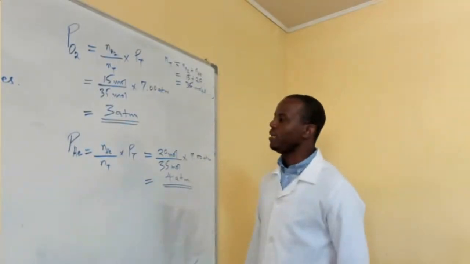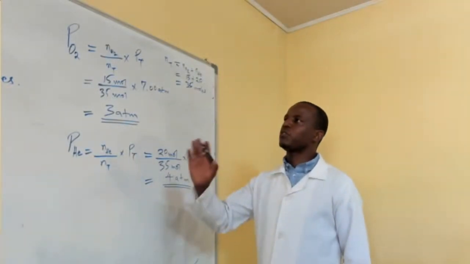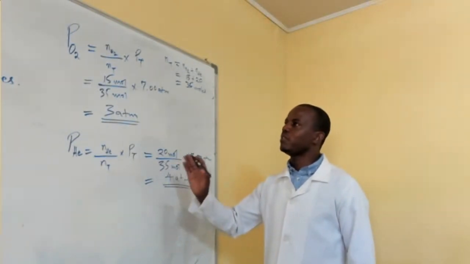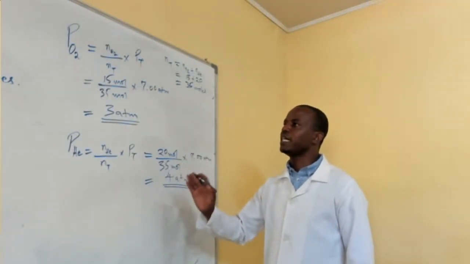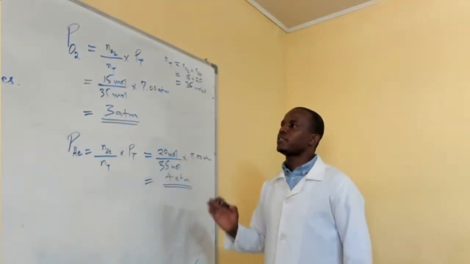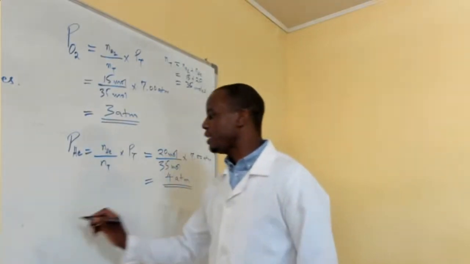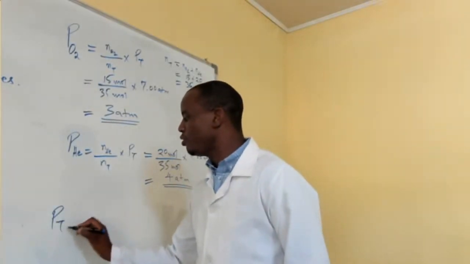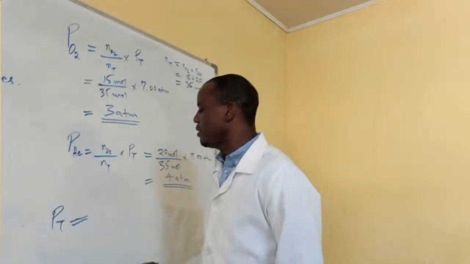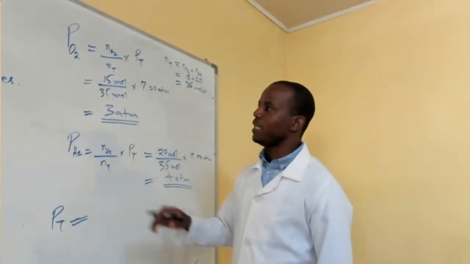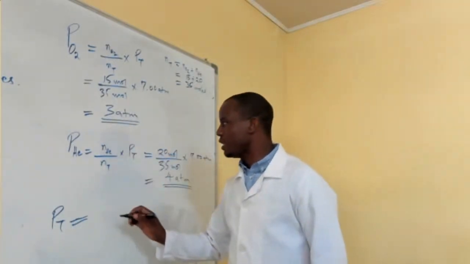Okay, so again, Dalton's law of partial pressures demands that the sum of the partial pressures of the gases in the mixture must sum up to the total. So we can check from our calculations that we should get a total of 7.0 atmospheres.